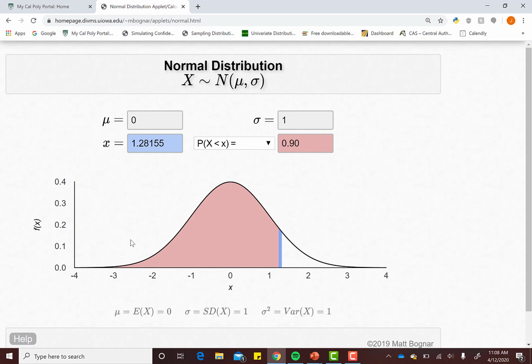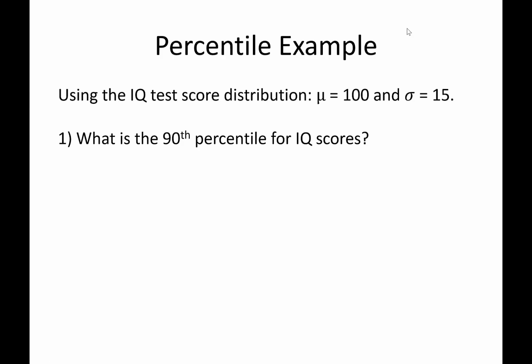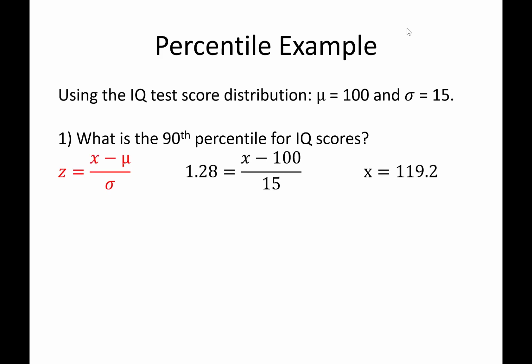Well, what we're going to do is this. We're going to turn our z-score into the value we're interested in. If we remember, a z-score says how many standard deviations away from the mean is the value you're interested in. Well, what we have, this 1.28, is the z-score associated with the 90th percentile.